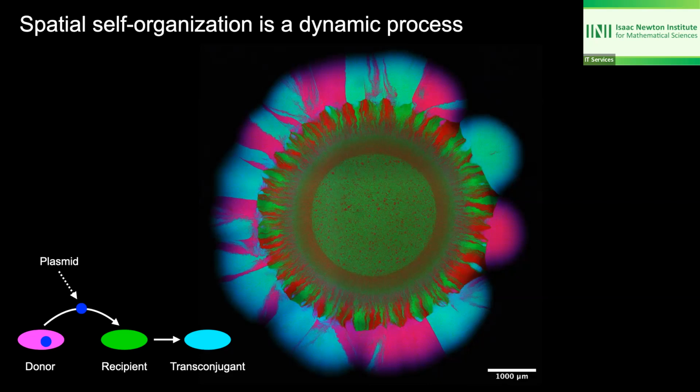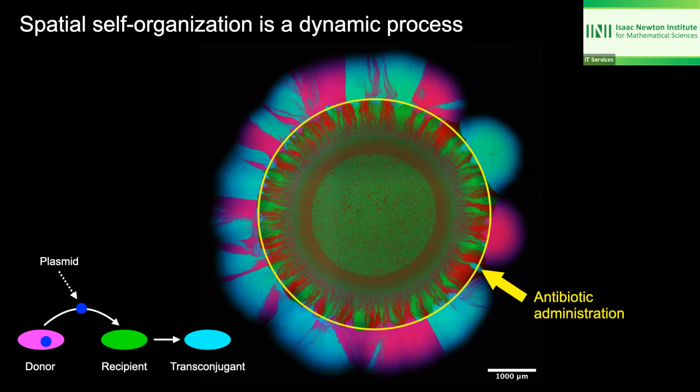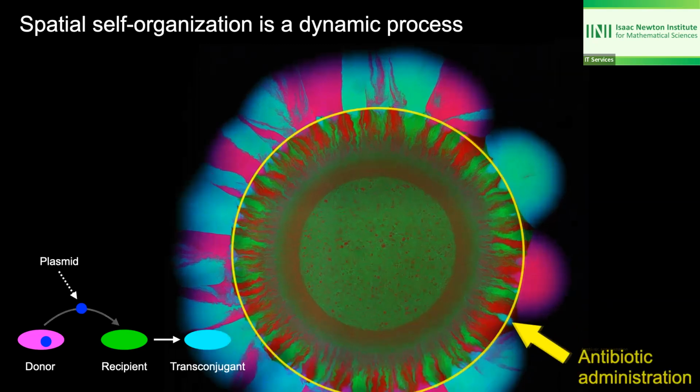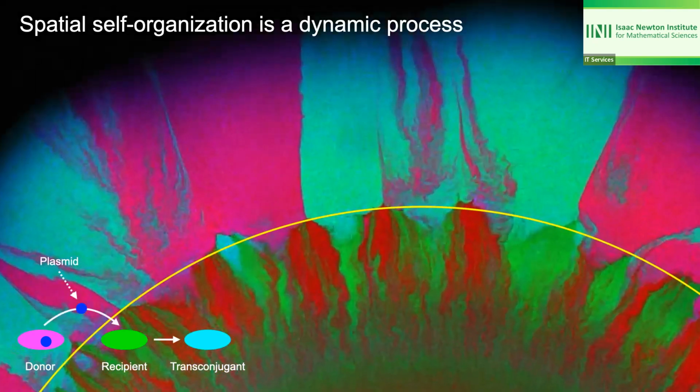Okay? But what I want to show you here, just to emphasize the complexity of these types of dynamics, in this case, what we did is we allowed growth to start, the community expands outwards, and then we hit it with antibiotics, and you can see the patterns totally change. I can zoom in here and show you.